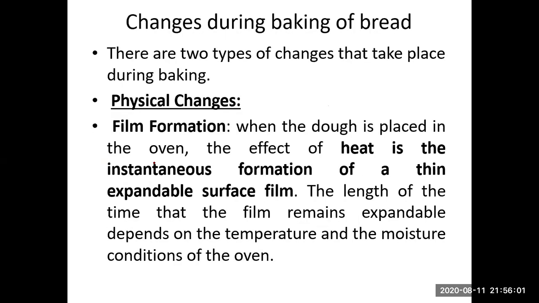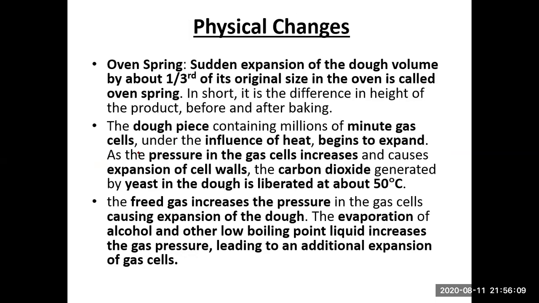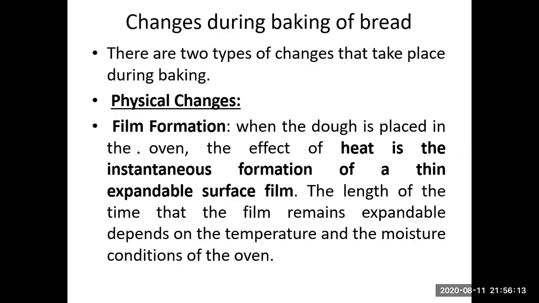In case of physical changes, two kinds of changes happen: one is film formation, another is oven spring. What is film formation? When the dough is placed in the oven, it is the instantaneous formation of a thin expandable surface film.